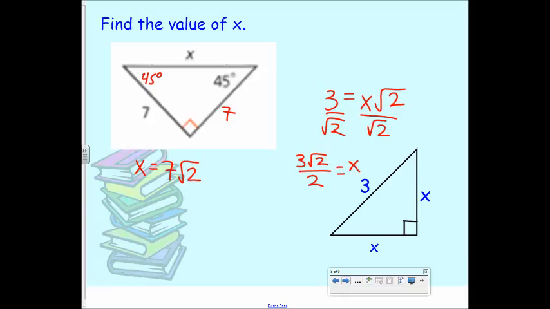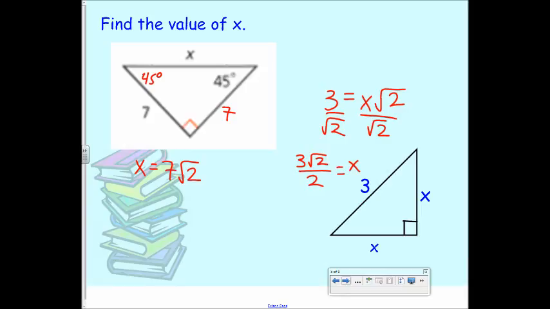Do you get 3 root 2 over 2? Yes? All right. So 3 root 2 over 2 equals x. So when do you have to divide by the radical? When the hypotenuse is not a radical. So when the hypotenuse is a whole number, you have to divide by the radical. And in this case, you always divide by radical 2.